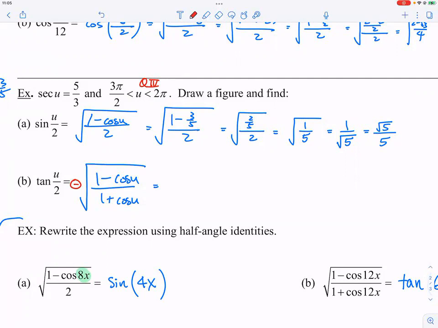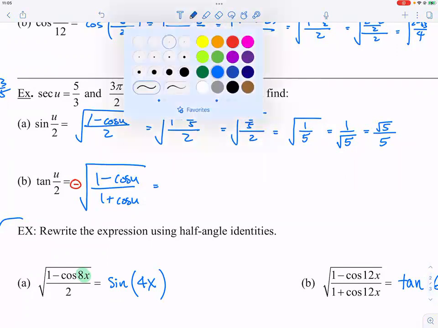Why is it negative? Well, u is in quadrant 4, and if u is being divided by 2, that means it should be an angle in quadrant 2.